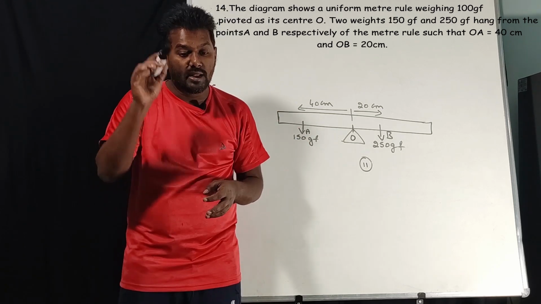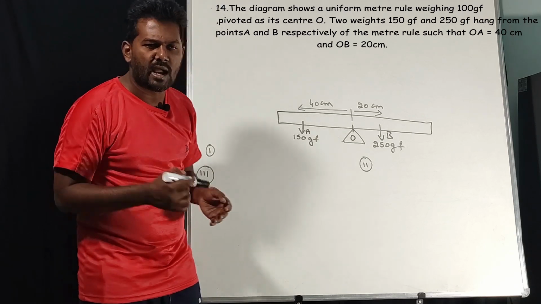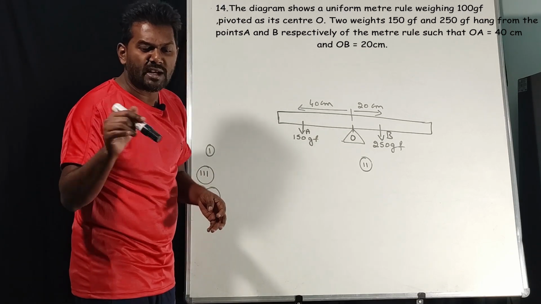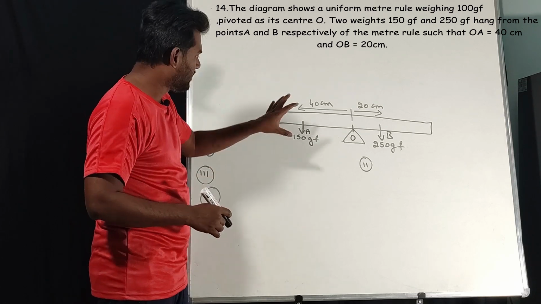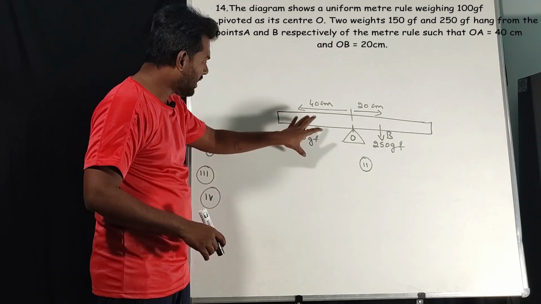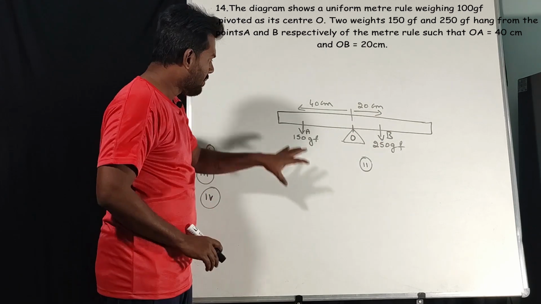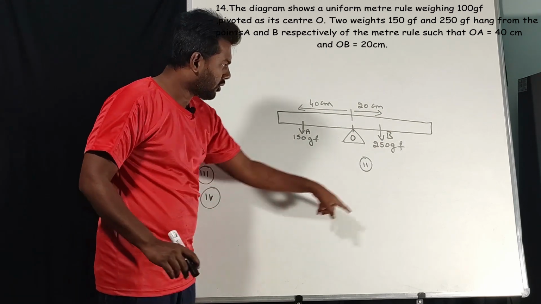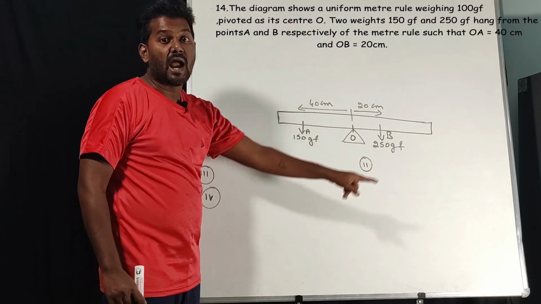First one, the total anti-clockwise moments about O. What do you mean by that? Listen, where are you going to get the anti-clockwise moments, this side or that side? Assume this load is not there; because of this load it is going to rotate in this direction. What kind of direction is this?